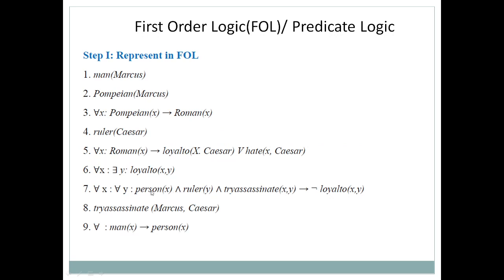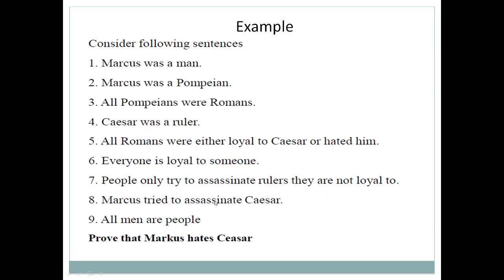So if x is a person and y is a ruler and x tries to assassinate y, then x is not loyal to y. So in this way we have represented that. Try to understand how.